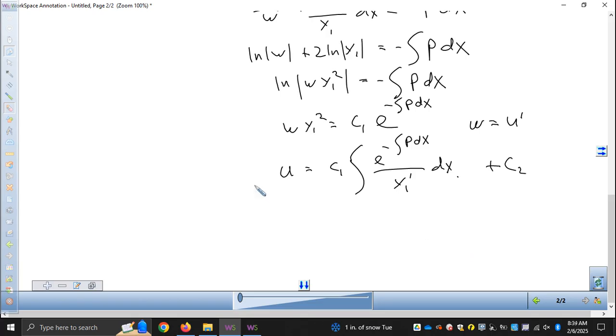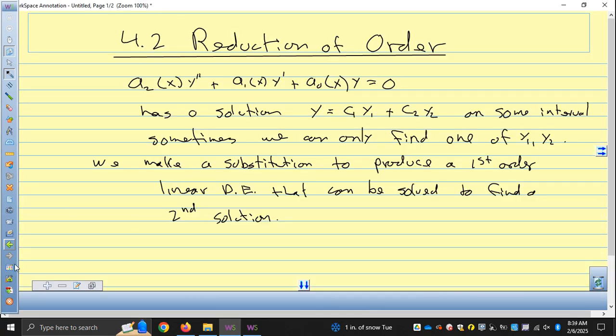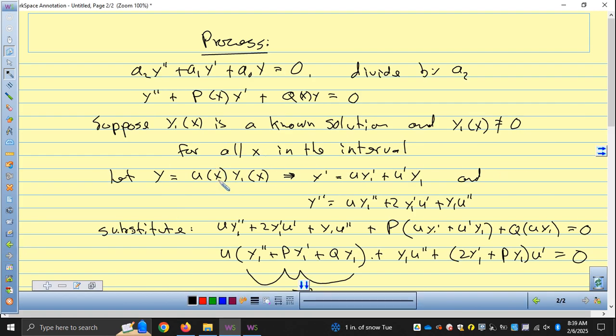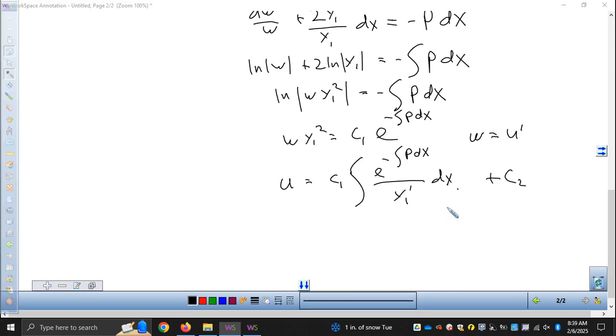So this gives us our u that we multiply by our original solution, because we said our new solution is u times y1 of x, to get our second solution. And I think it's interesting that this e to the negative integral of p of x dx shows up in this reduction of order.